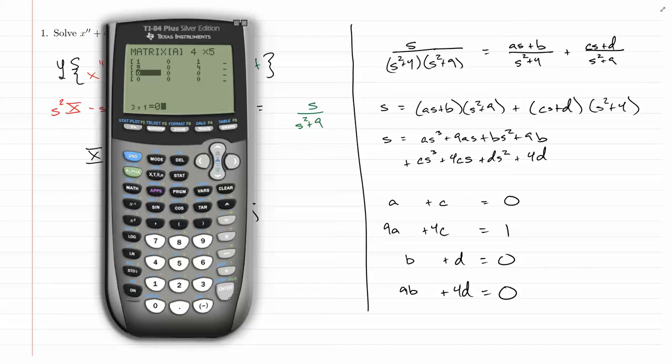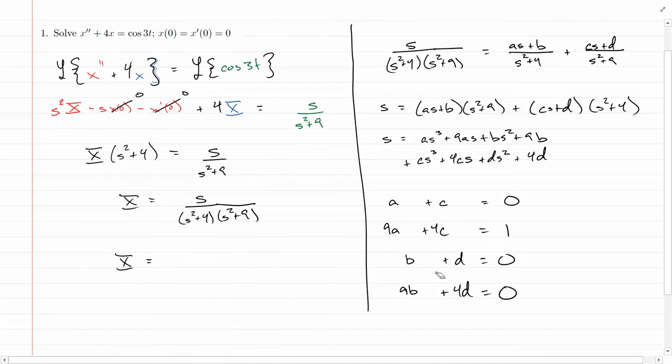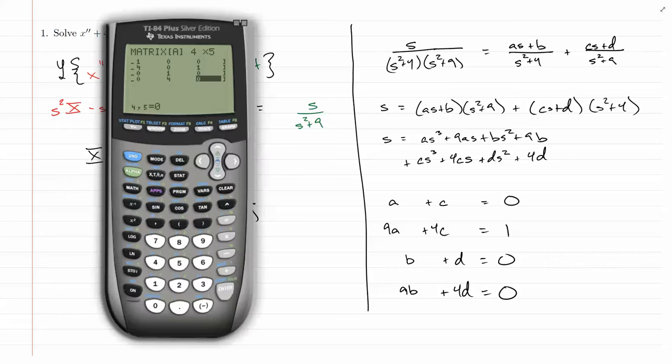Then we have 0a 1b 0c 1d, that adds up to 0. And then finally 0a 9b 0c and 4d, that adds up to 0 also. So I just take this system right here, write it as a 4 by 4 system of equations as a matrix. I then RREF that matrix.